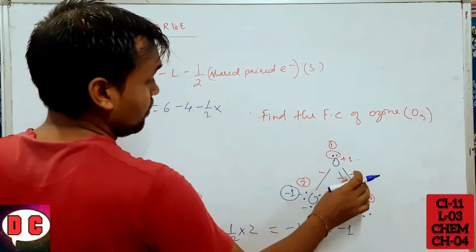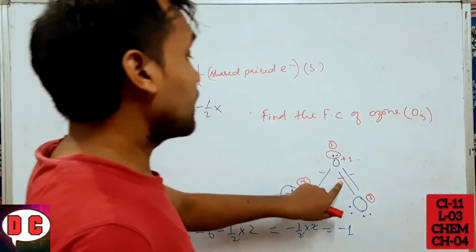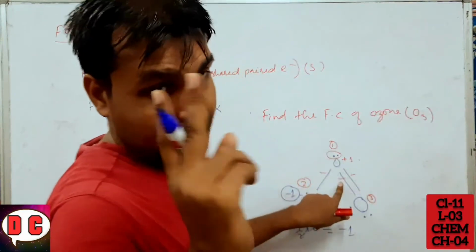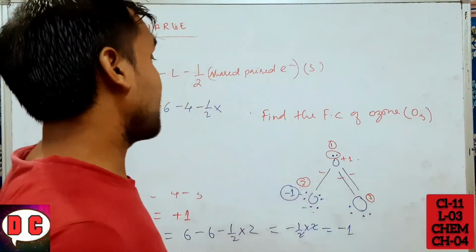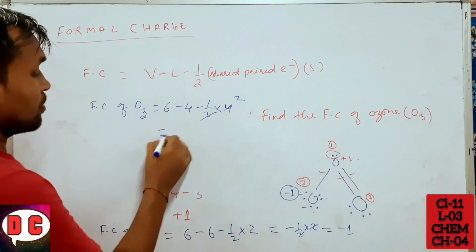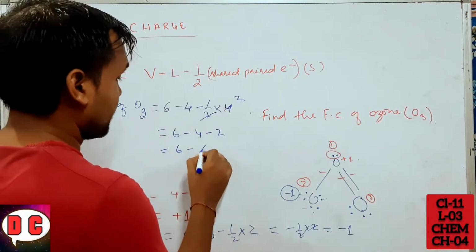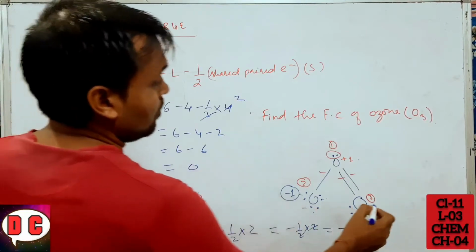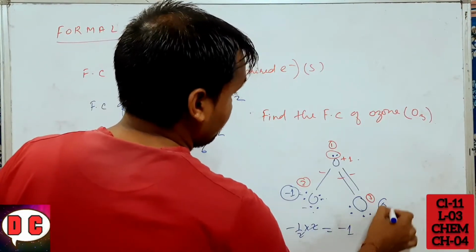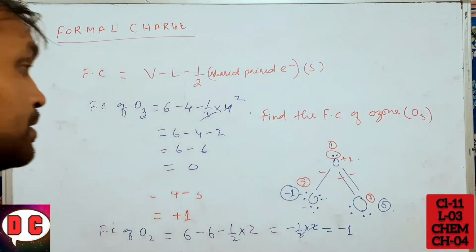How many bonds has it formed? 2, and each bond is made up of 2 electrons, so 2 bonds means 4 electrons. So it will be 6 minus 4 minus 2, which equals 6 minus 6, which equals 0. So the formal charge here is 0. So we got the formal charge of all three oxygen atoms.